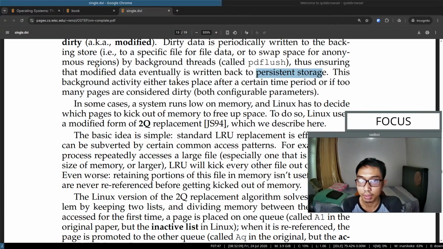This background activity either takes place after a certain time period or if too many pages are considered dirty, per configurable parameters. In some cases, a system runs low on memory and Linux has to decide which page to kick out of memory to free up space.